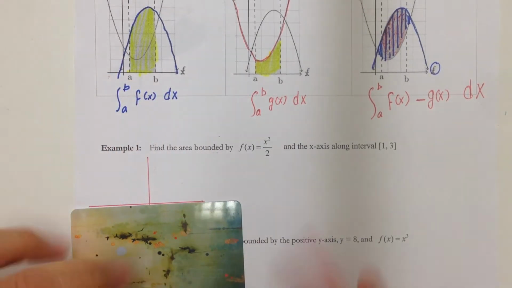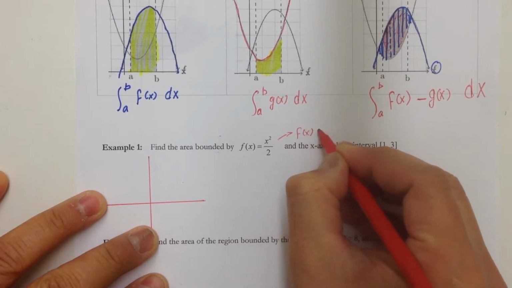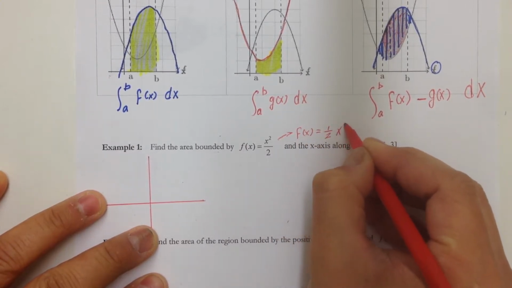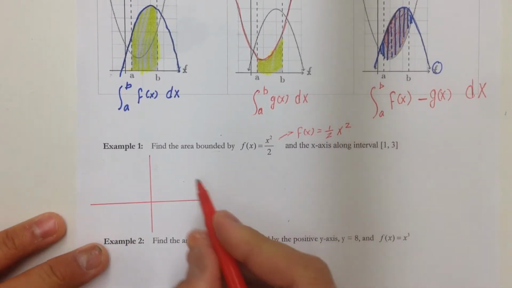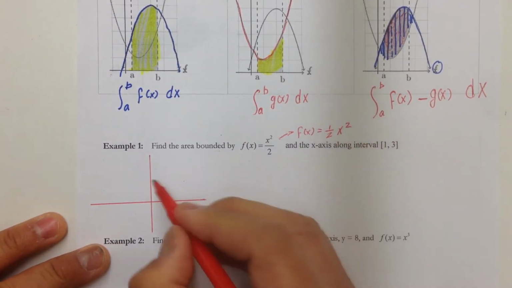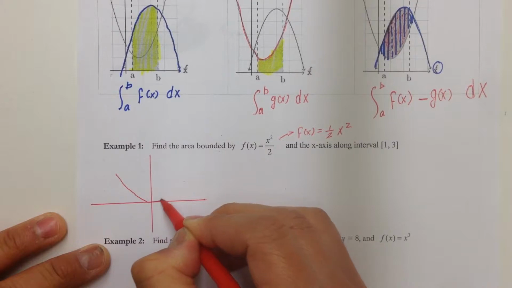Now, this function is a quadratic function that has been compressed. So I'm just going to perform a light sketch here. x squared is a parabola, and it's been compressed, so it's going to look something like this.